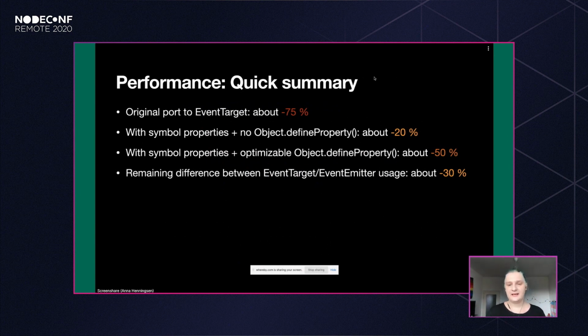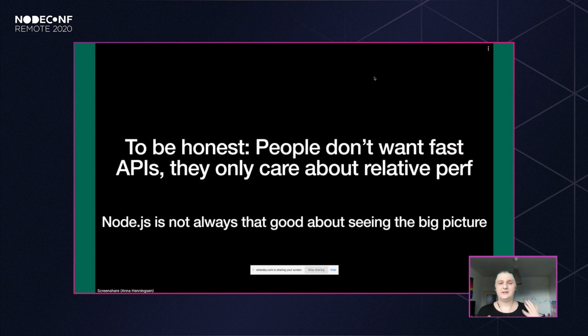On a final note, people don't really care about performance as much as they think they do. They don't care about fast APIs. They're just happy to see these numbers. If something is plus 200% faster, that's always yay. But whether that actually affects the performance of their application as a whole, probably not.